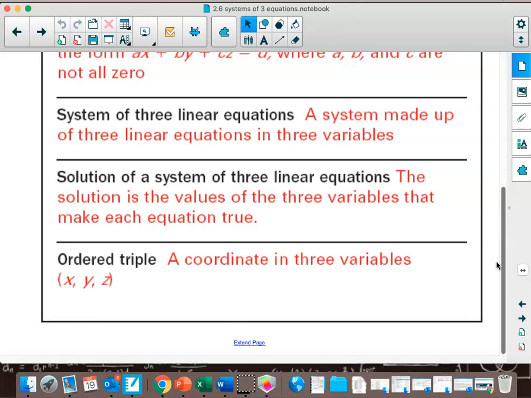It's going to be an ordered triple. So like this guy right here, we would write this as (0, 5, 2), which is a point in what we call 3-space, if we had an x-axis, a y-axis, and a z-axis, which I'm going to show you in a second. So an ordered triple just means it's an ordered set of 3 components, not just 2.